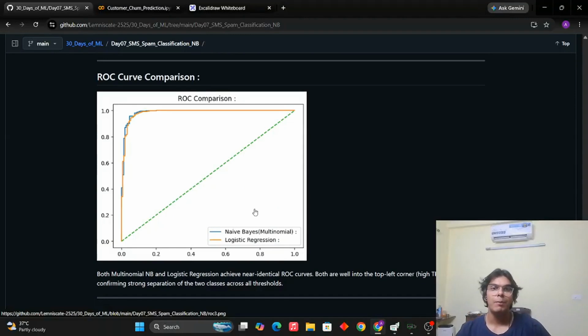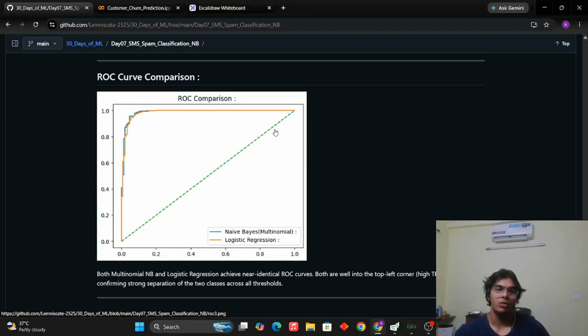The ROC curve basically plots the true positive rate against the false positive rate. It gives you an idea as to how good the model is at separating the two classes across all the thresholds. This green line stands for a weak model, the average model.